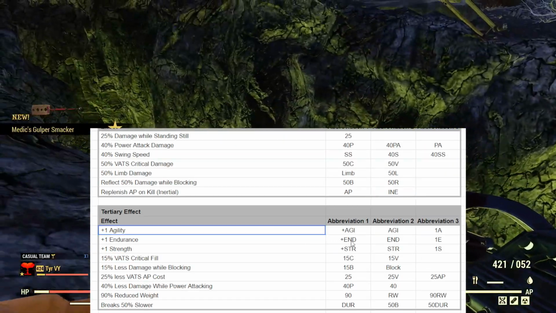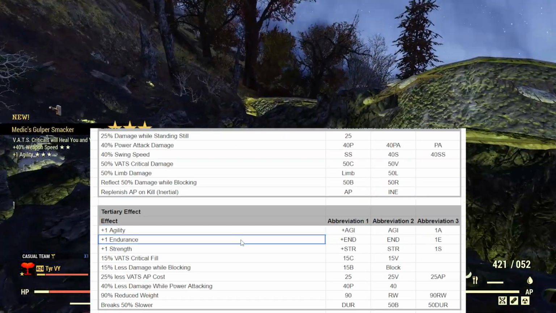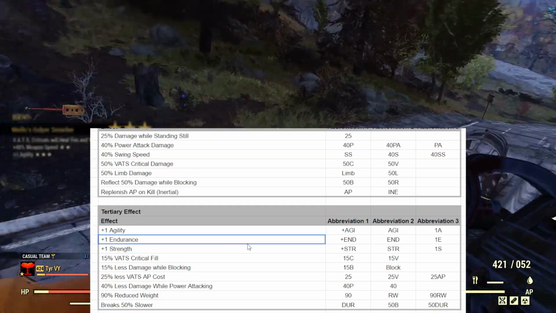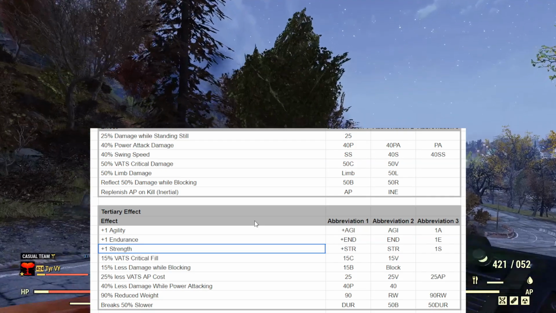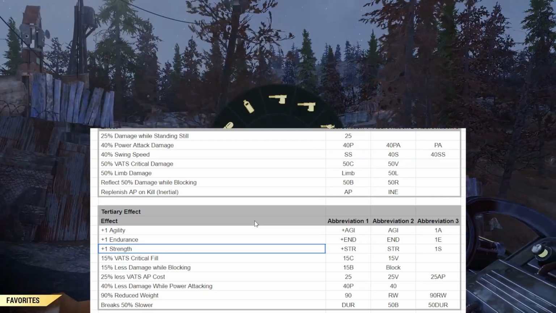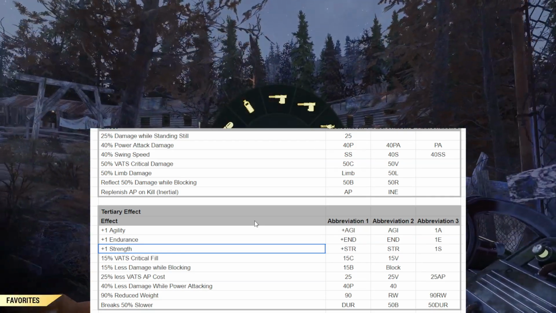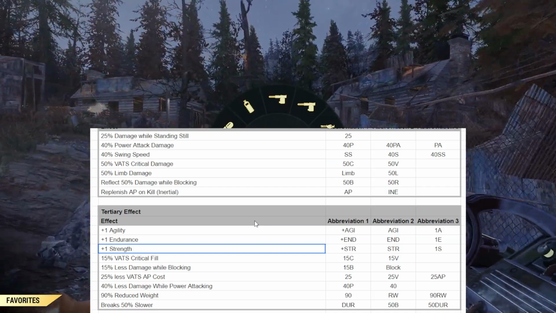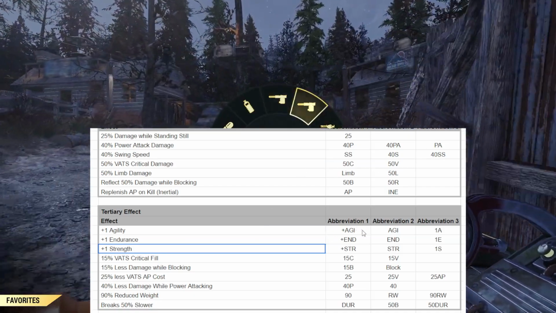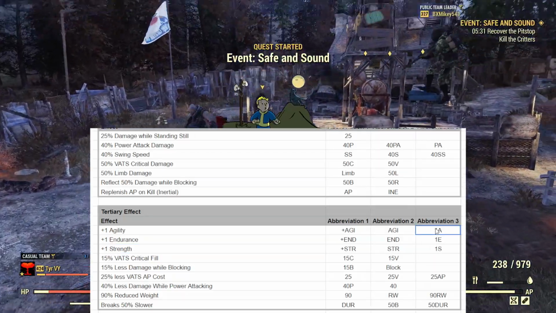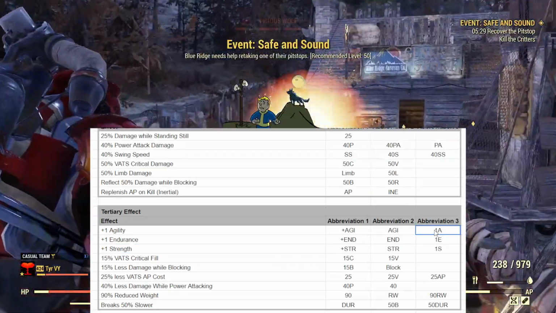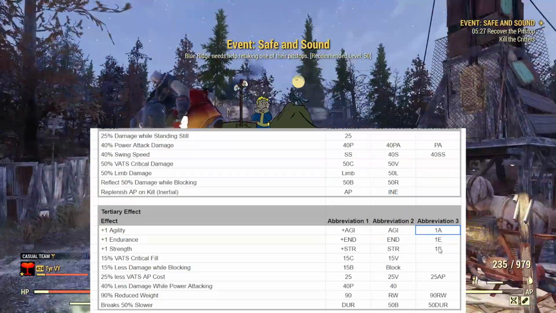But as for the third star effects, we also covered the special effects here, like agility, strength, endurance, perception, all of those things. They're also going to be introducing intelligence and charisma, so just keep an eye out for that. The trend will probably be the same, where the most common one will be the number and then the letter. Just keep in mind that in the future, people will have to change that to three letters.